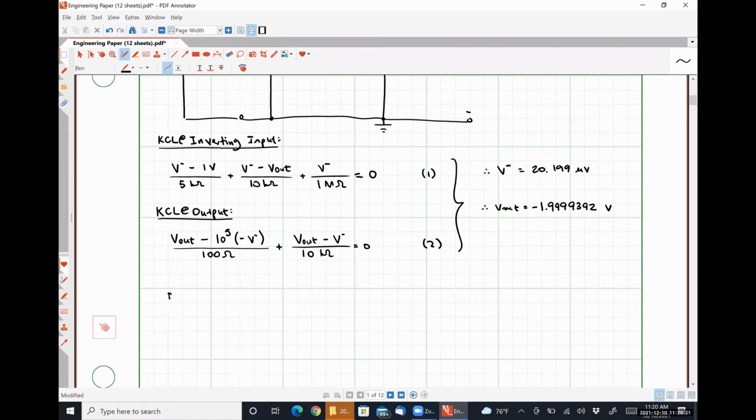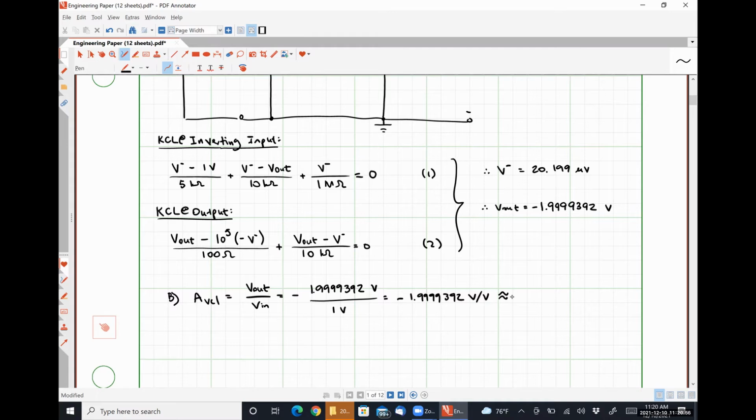So for part B, our closed loop gain, AVCL, is simply V out divided by VN, which is negative 1.9999392 volts divided by 1 volt, which is negative 1.9999392 volts per volt.